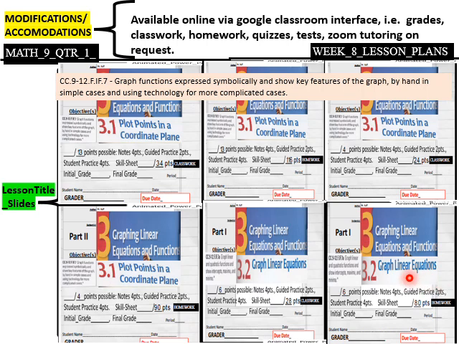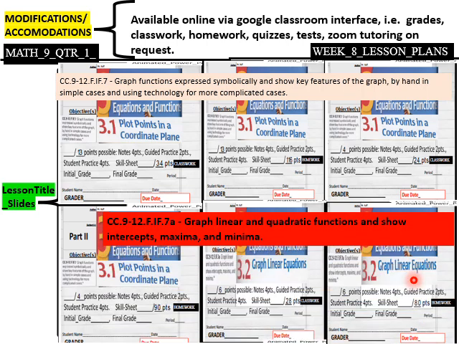And then 3.2 part 1 homework, 80 points of homework, and 6 points of note-taking for 3.2 graph linear equations, part 1. Again, here is our standard down here, Common Core 9 through 12 F-IF.7a, graph linear and quadratic functions, and show intercepts, maxima, and minima.